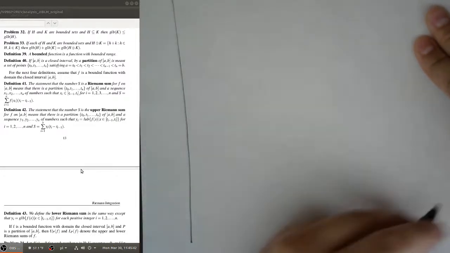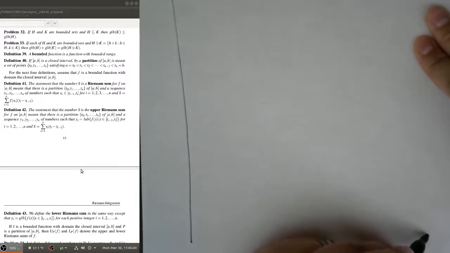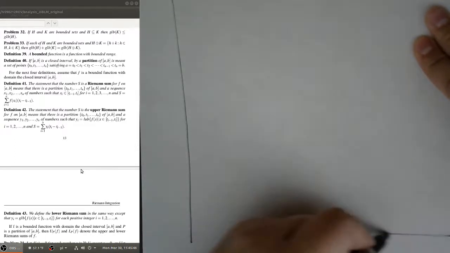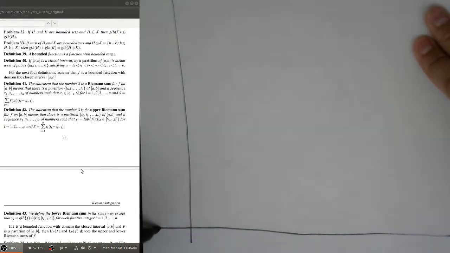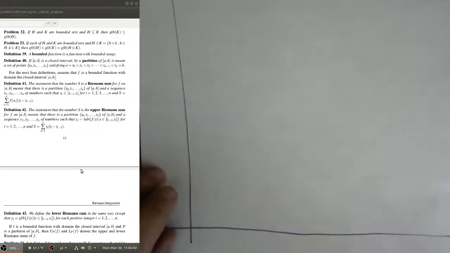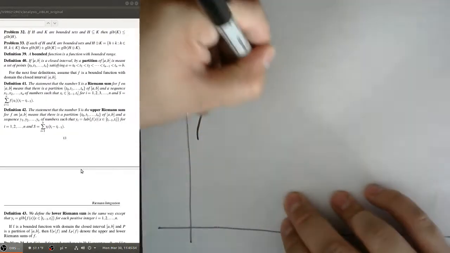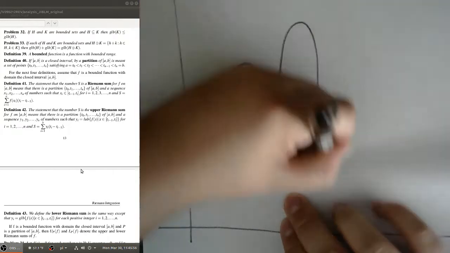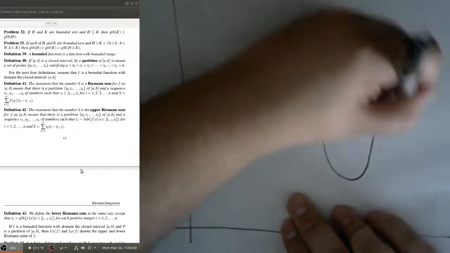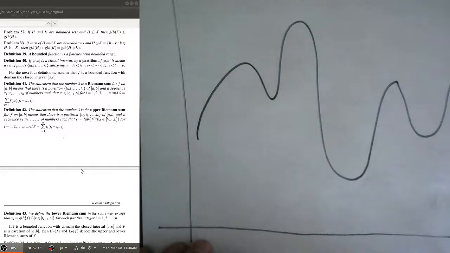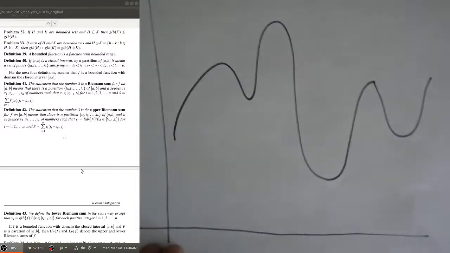Is this tall enough here? Yeah. We'll make it a little wiggly in the middle. So maybe this function does this. It goes like that. Okay, so there's some function that I've drawn. It's continuous. It's pretty well behaved.